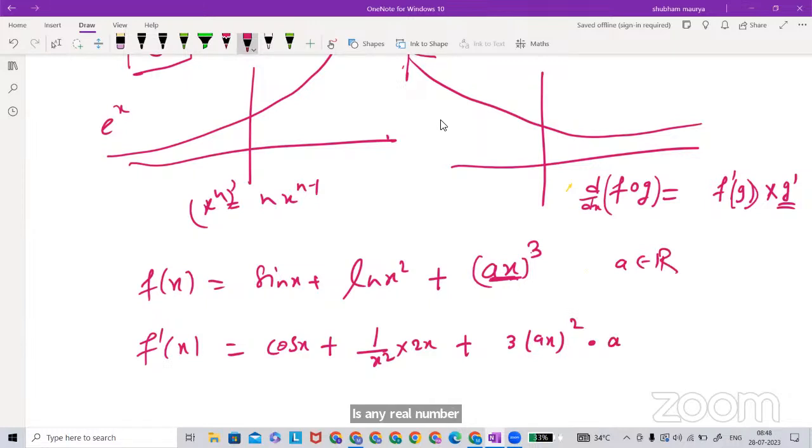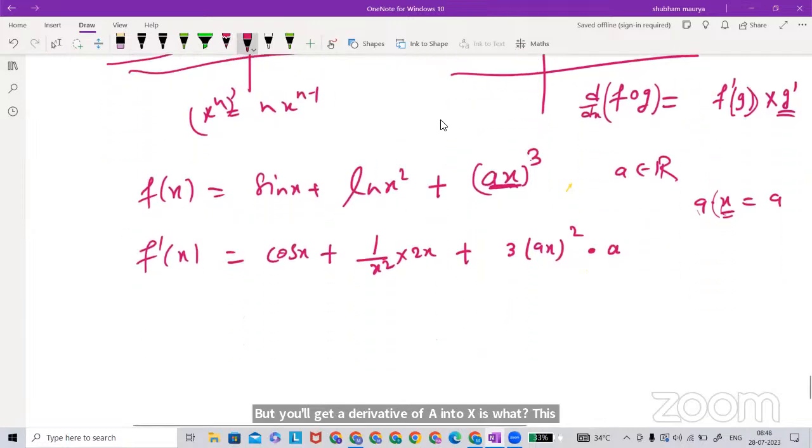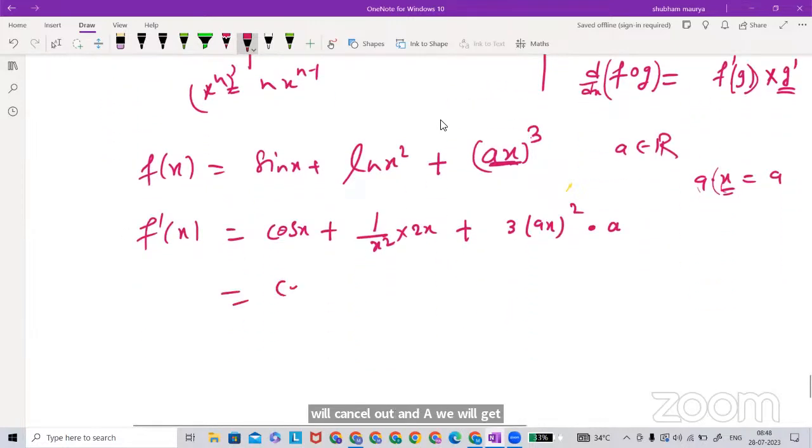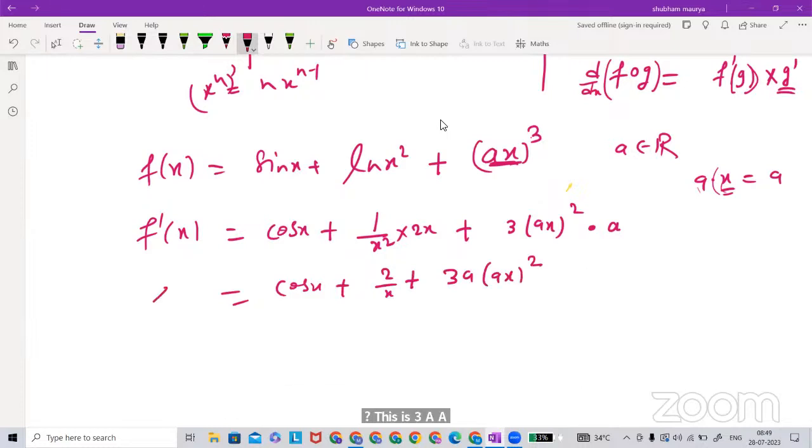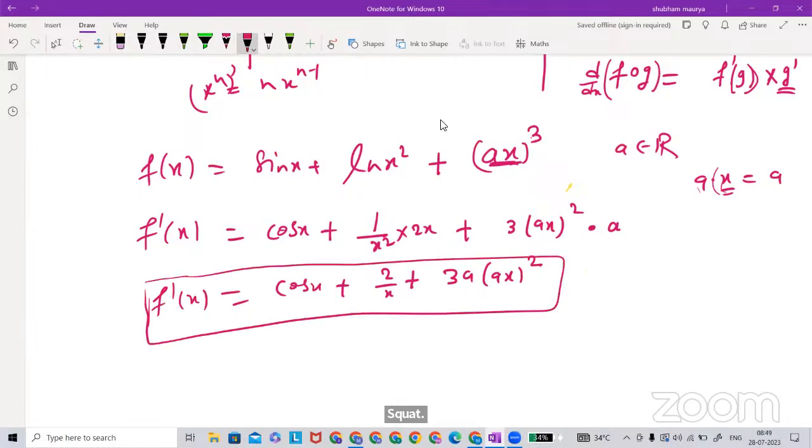What do you get? The derivative of a x is a. So finally you have cos x plus 2 by x plus 3a (a x) square. This is the derivative. Is it clear?